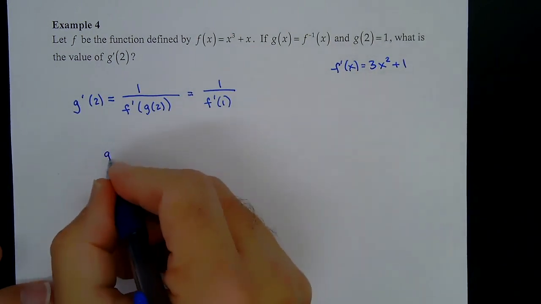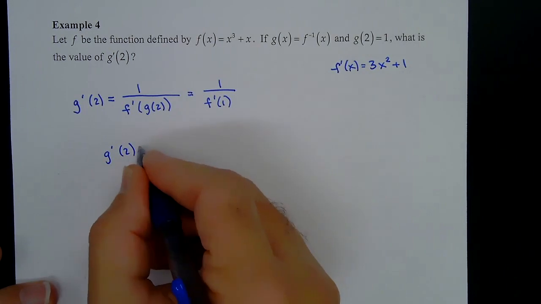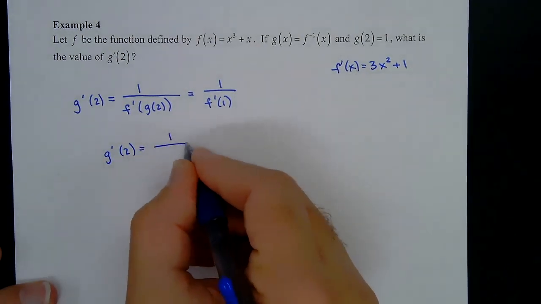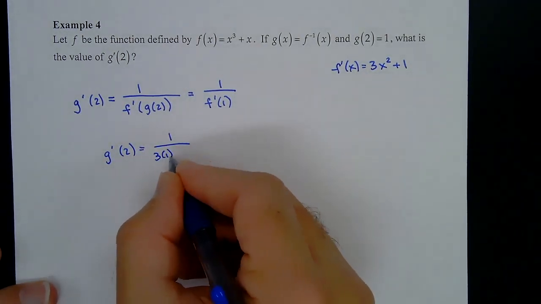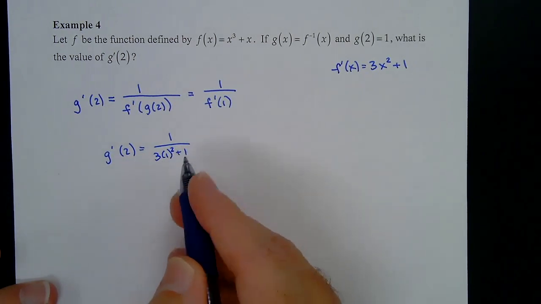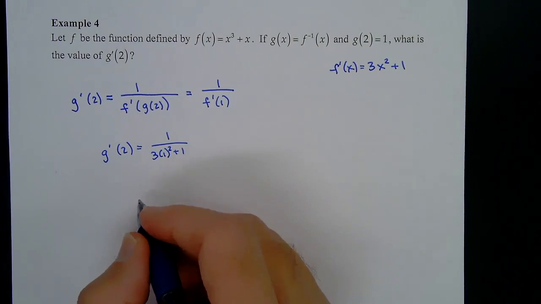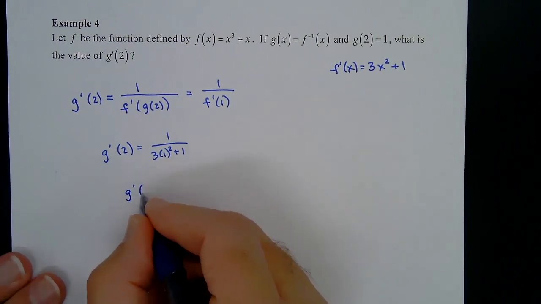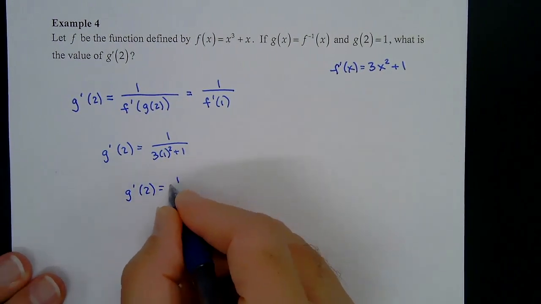So that means g prime of 2 must equal 1 over 3 times 1 squared plus 1. Well, that'd be 3 plus 1 is 4, right? 1/4. So that means g prime of 2 is equal to 1/4.